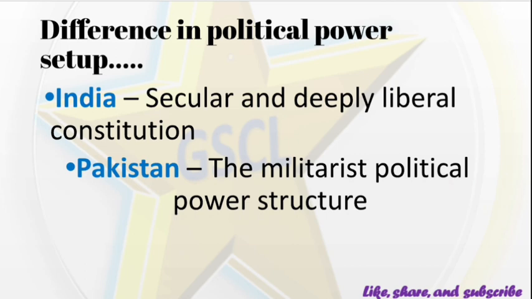Though people are the ones who rule by casting their vote, Pakistan has witnessed both elected government as well as military taking over the control of the government. Hence, its political structure is described as militarist political power structure.